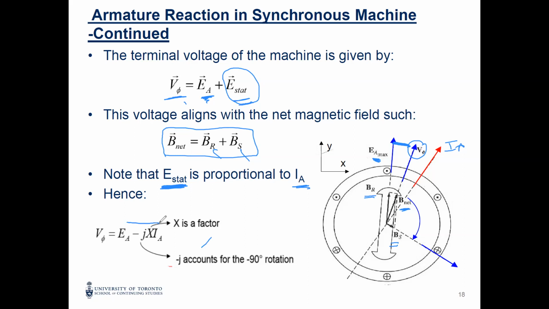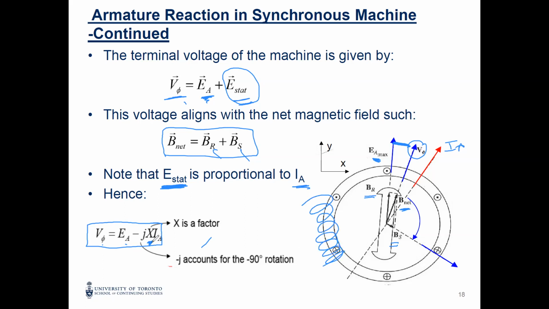So we can write this equation as the voltage equals E minus jX IA. By the way, the X here is not due to the inductor or the coil.